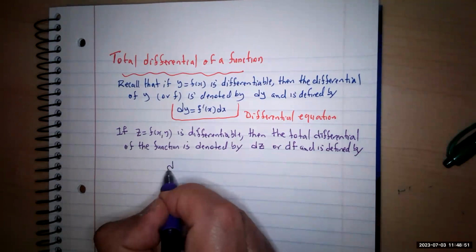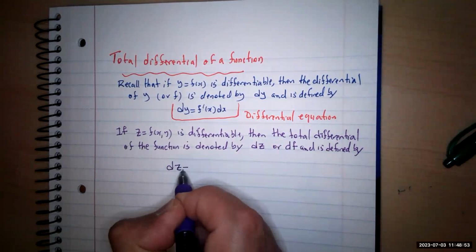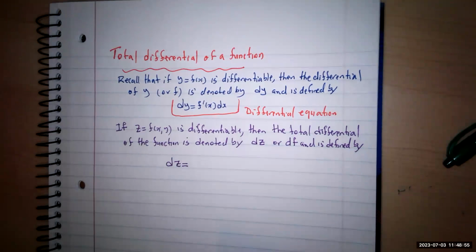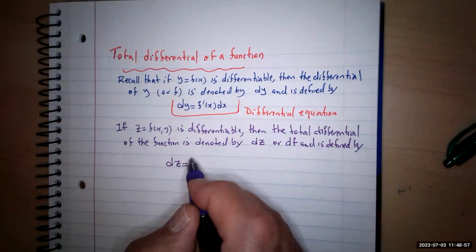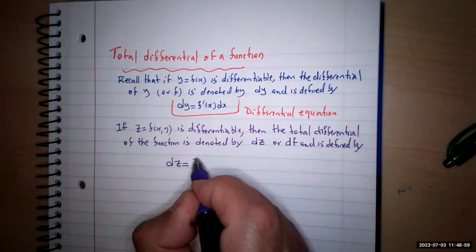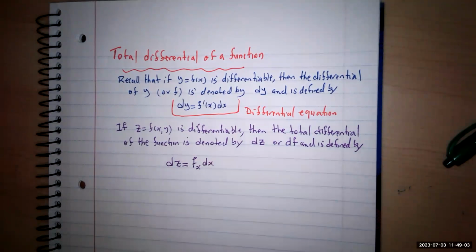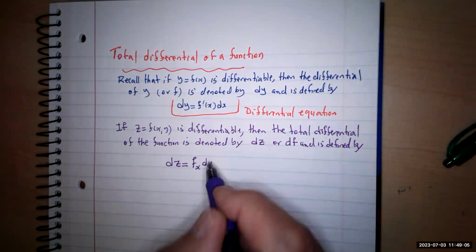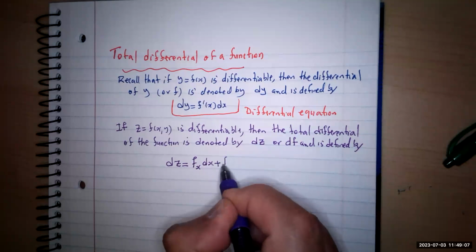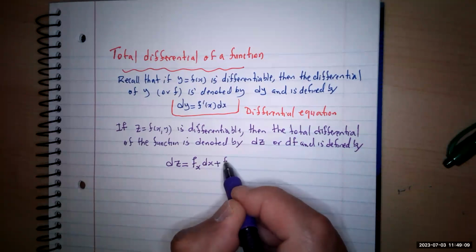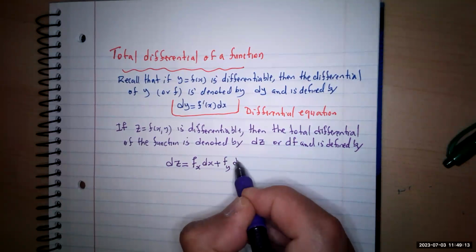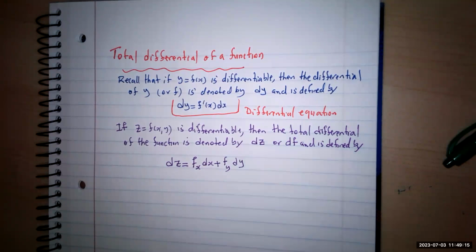You see, differential of z is going to be equal to, now the first variable is x, so it's the partial derivative of f sub x times the differential of x. You continue, plus the partial derivative of f with respect to y times the differential of y. You see, that's the version that you have.